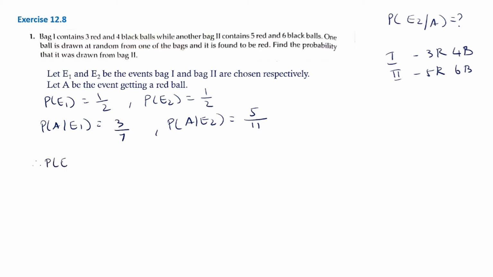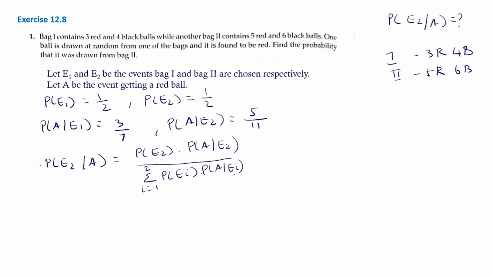Therefore, probability of E2 given A is equal to probability of E2 into probability of A given E2 upon summation i is equal to 1 to 2 probability of Ei into probability of A given Ei. Now this is nothing but probability of E1 into probability of A given E1 plus probability of E2 into probability of A given E2.